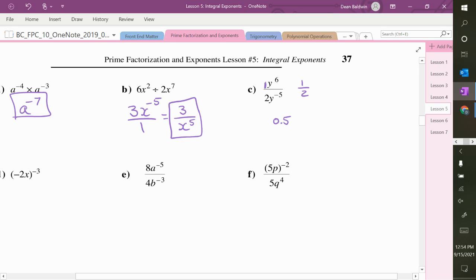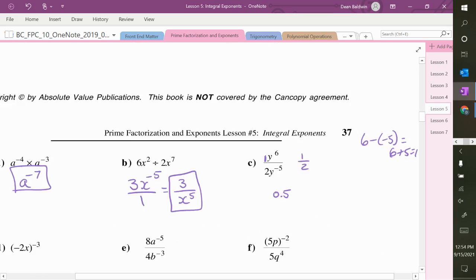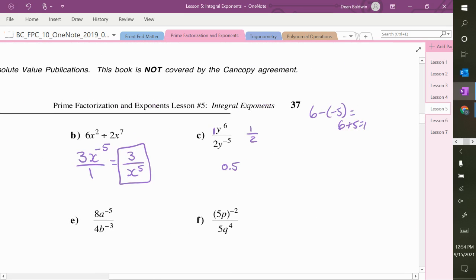y to the 6 over y to the negative 5. Are the bases the same? Yes. What do you do with the exponents when you're dividing? What's 6 minus negative 5? So 6 minus negative 5 is 11, because it's 6 plus 5. So this becomes y to the 11, or 0.5 y to the 11.